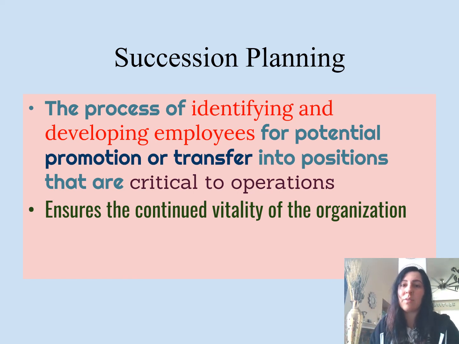Okay, so succession planning is a really long process. Usually what's going to happen is, as soon as someone even enters that position, the company is already looking at the different employees that they have.